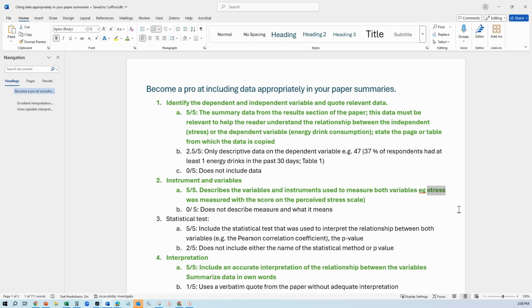So that's why they're instruments. That's why you have to validate them. They are indicators, like a litmus test of stress. It's not 100% accurate, but it is valid to some degree.